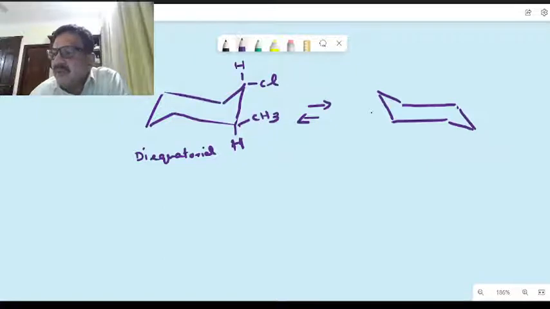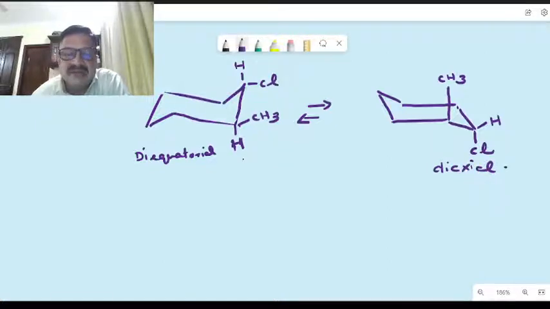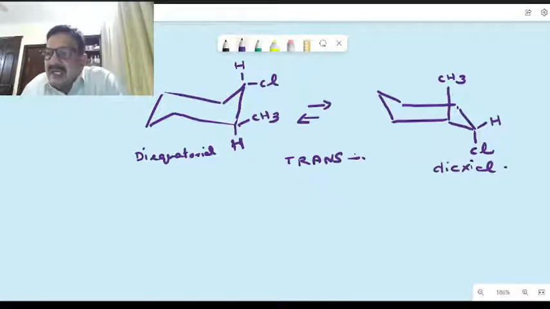So this chlorine will become axial chlorine, and this methyl group becomes an axial methyl group here. That is, di-equatorial becomes diaxial. This is a trans isomer. Trans isomer, that is two conformations.